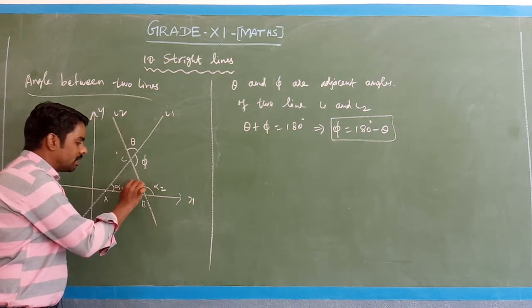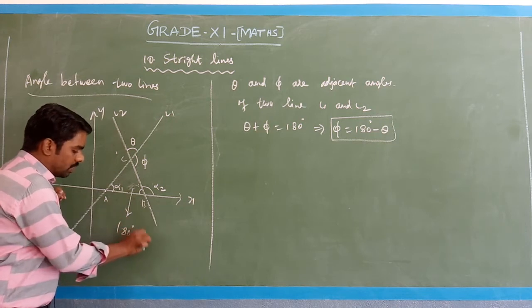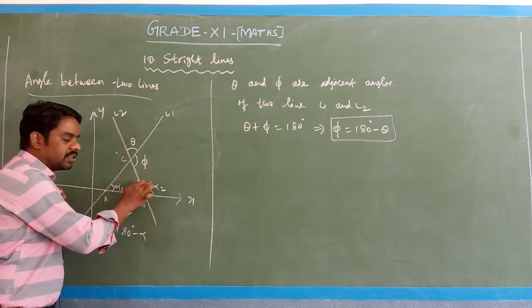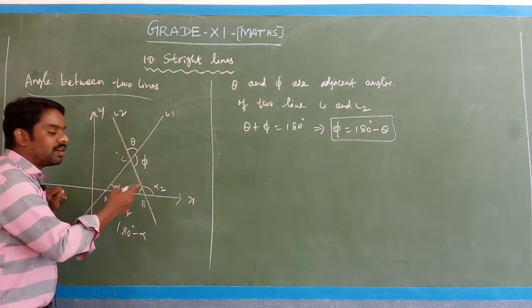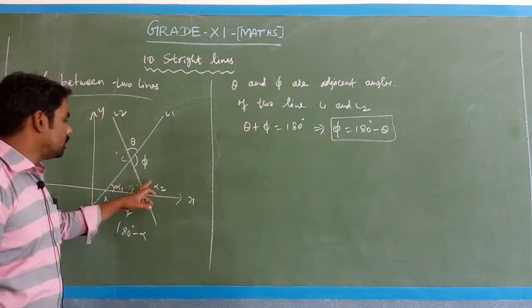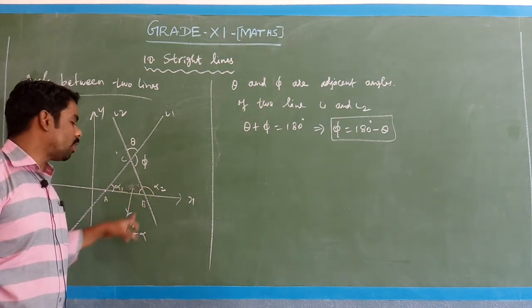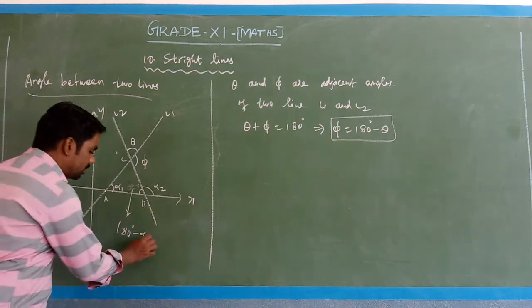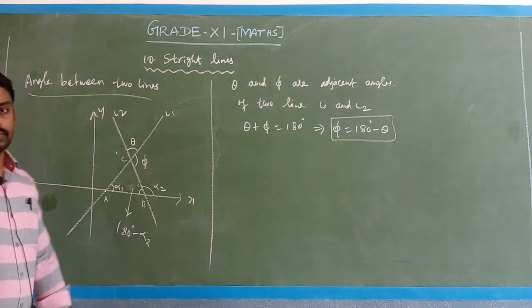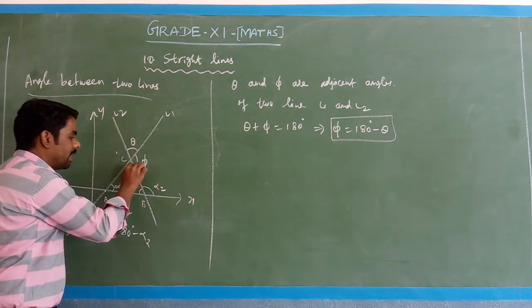This is alpha 2, and the two angles are adjacent, so their sum is 180 degrees. So this angle is equal to 180 degrees minus alpha 2. Vertical opposite angles are equal, so this is theta.